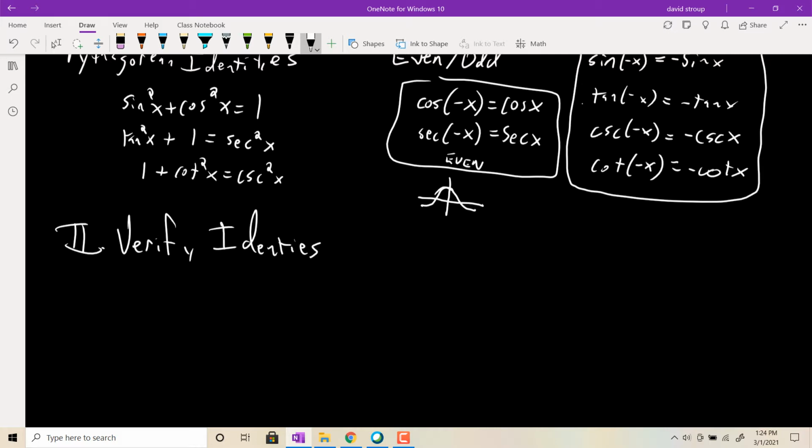They think verifying an identity is the same as solving an equation, which it's not. The way you verify an identity is you work on one side and you work on the other side, kind of separately. I could tell you what it's not. It's not like solving an equation.